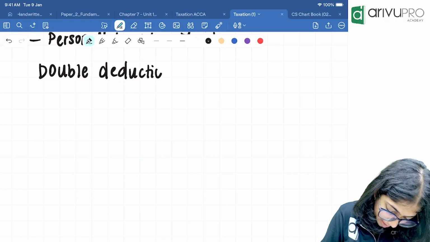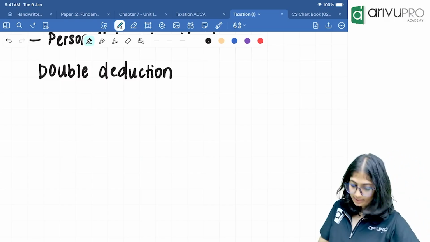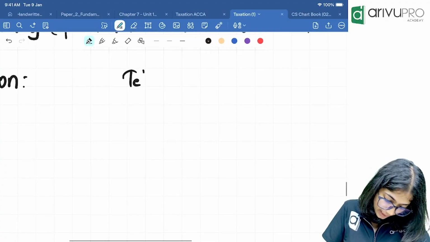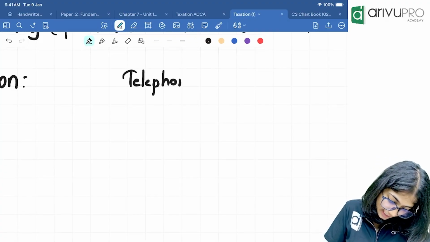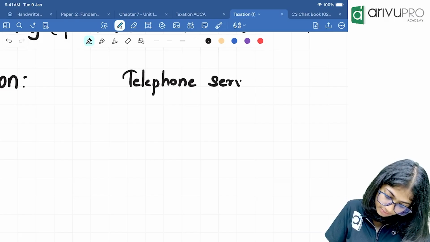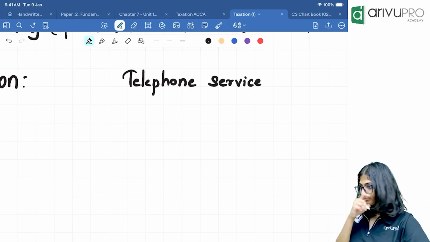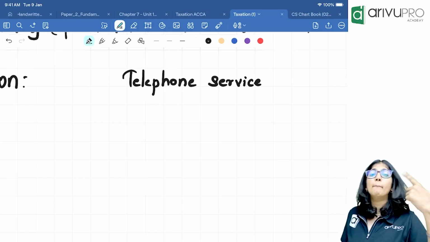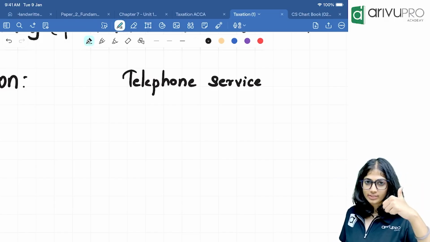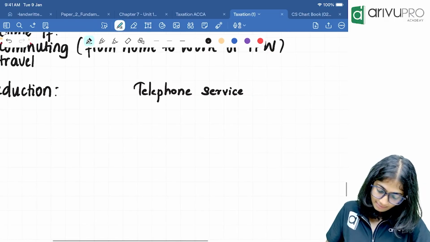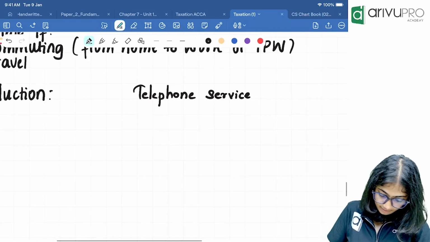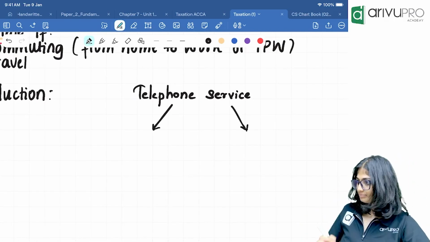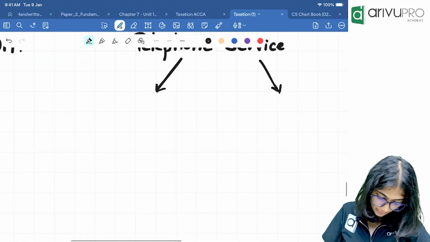Ma'am, what is double deduction? Now, let's look at it. For example, we'll go back to that telephone bill, okay? Telephone service is provided to you. Let's say the company is paying for that telephone service. Let's create a little mind map here so that it's understandable for you.